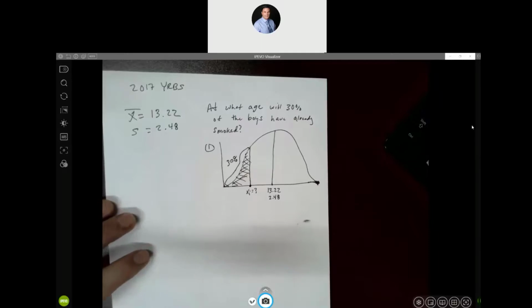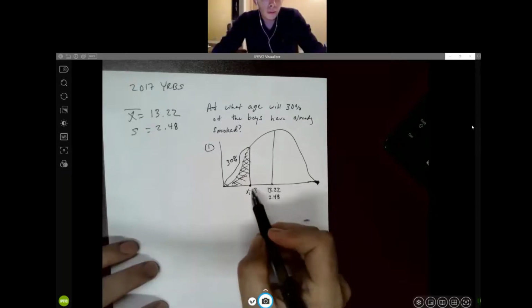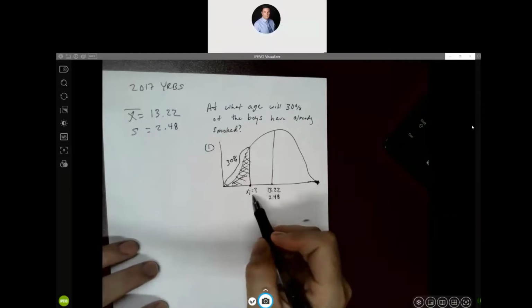So am I looking for a percent, Esteban, or am I looking for a score? In a more practical sense, am I looking for a percent or am I looking for an age? I'm assuming you'll be looking for a score. Yeah, I'm looking for what this age is, what this x sub i is.